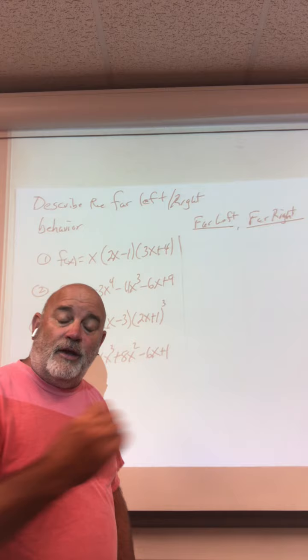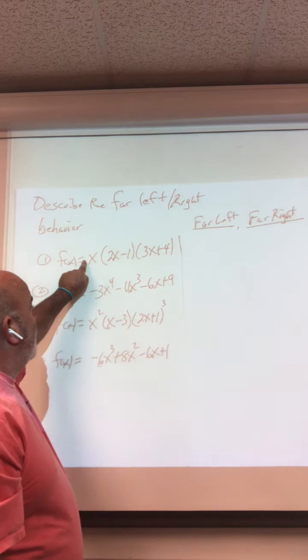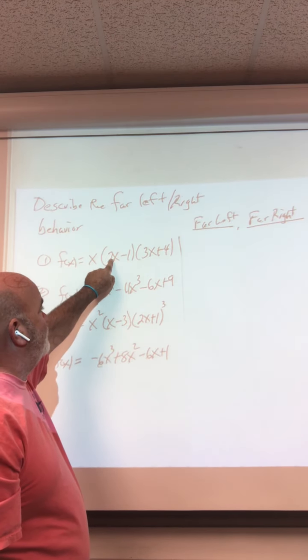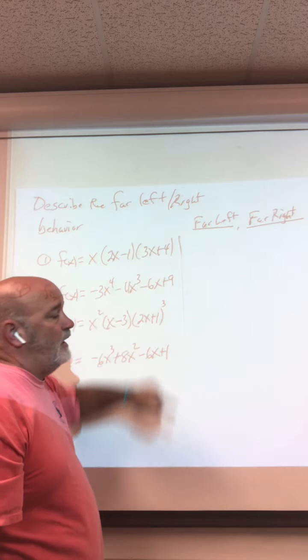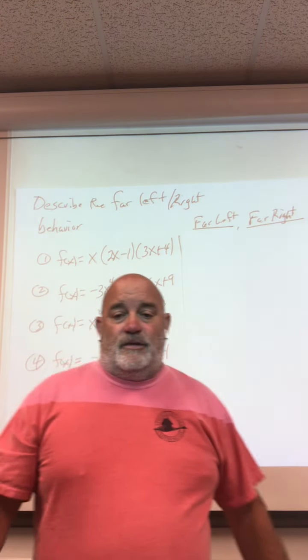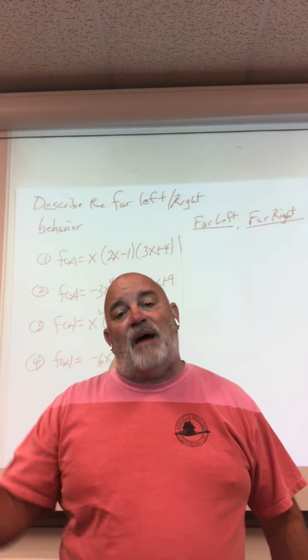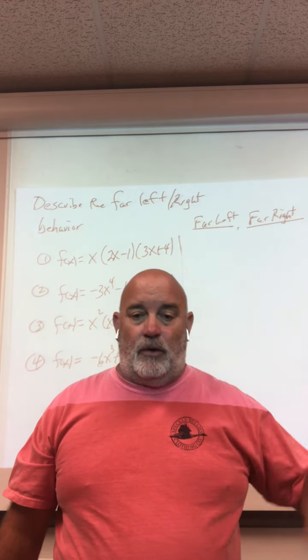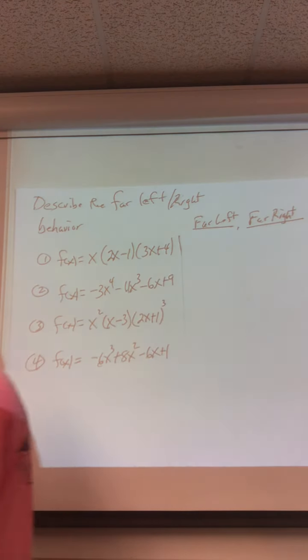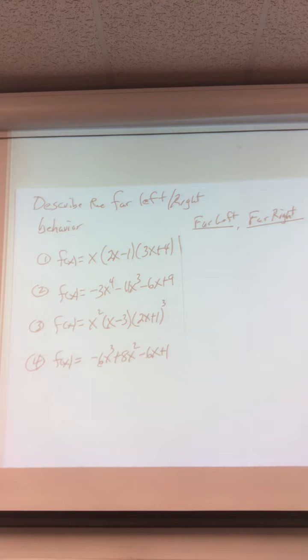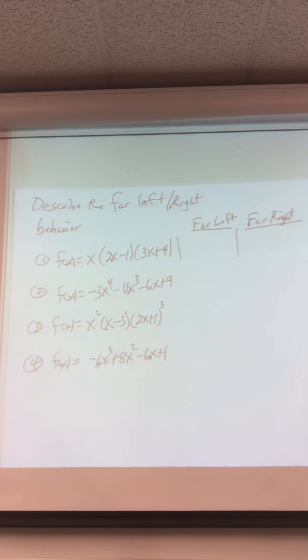All right, what number's in front? +1 times a +2 times a +3 is a positive. So it's an odd degree, positive leading number. Left arm will be down, right arm will be up.